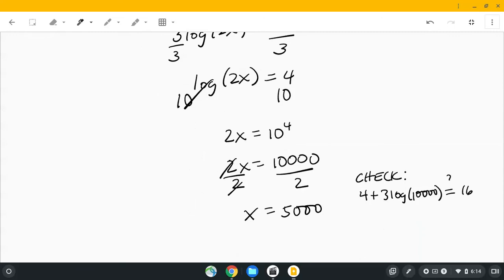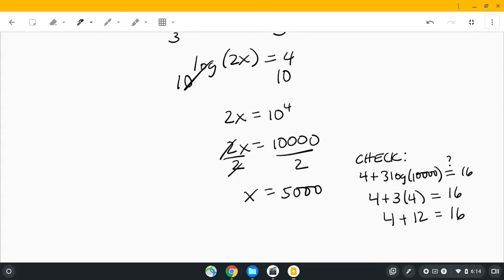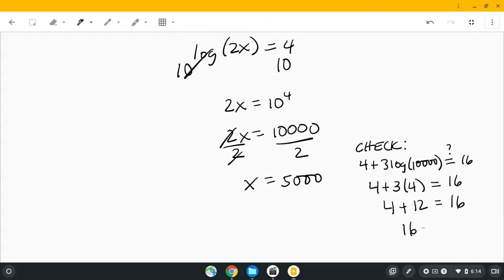That's what we wanted to know. Okay, so we get 4 plus 3 log base 10 of that is 4. And then 4 plus 12. And 4 plus 12 does equal 16. 16 equals 16. True.